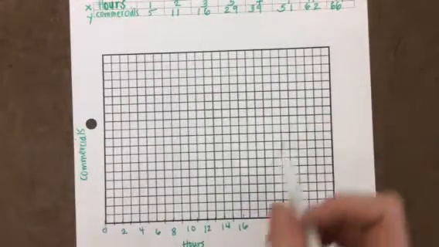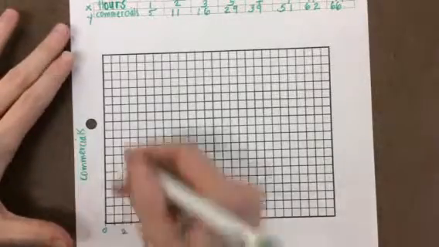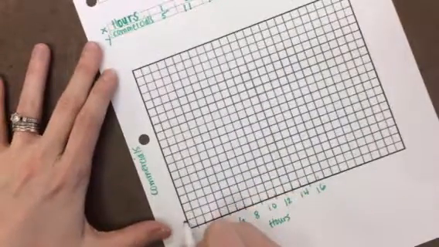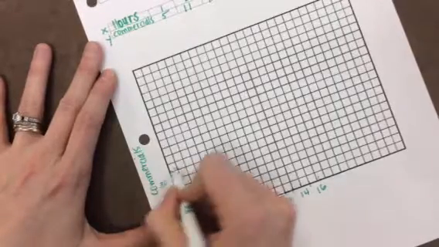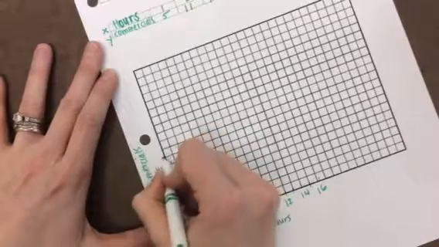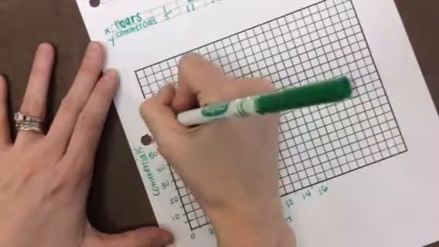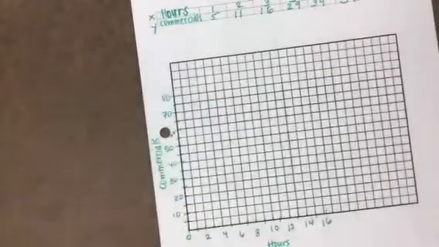So I'm going to go up to 66. I think I'm going to go by fives here. So we've got 10, 20, 30, 40, 50, 60, 70.